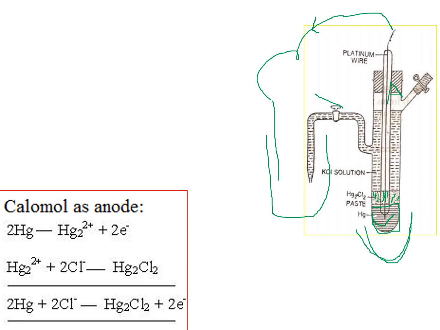Hg is converted into ionic form, Hg2 plus, releasing 2 electrons, but Cl minus ions are available. So the immediately produced Hg2 plus interacts with Cl minus ions and produces Hg2Cl2. If you combine these two reactions, you get the final reaction: 2Hg plus 2Cl minus gives Hg2Cl2 plus 2 electrons.